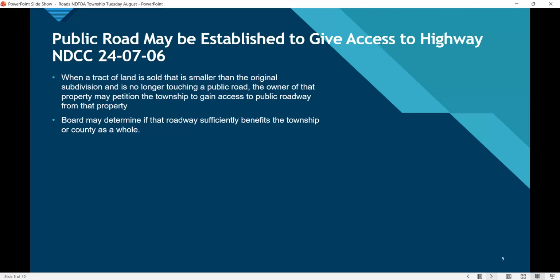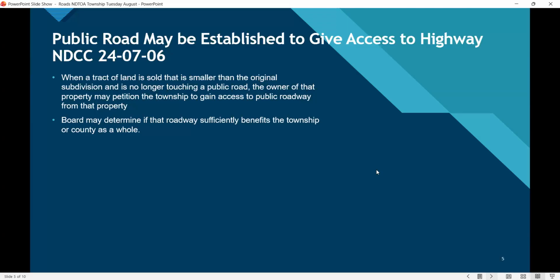If there's a tract of land that's sold that's not specifically against the section line, say 40 acres or 10 acres sold in the middle of a section, and it's not touching a public road, the owner of that small parcel may petition the township to gain access to public roadways from that property. The board doesn't have to grant that petition if the board doesn't determine that the roadway would sufficiently benefit the township or county as a whole.